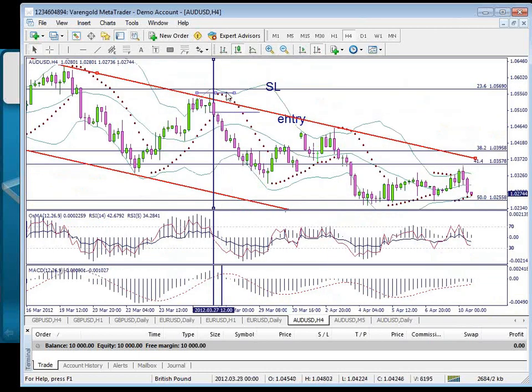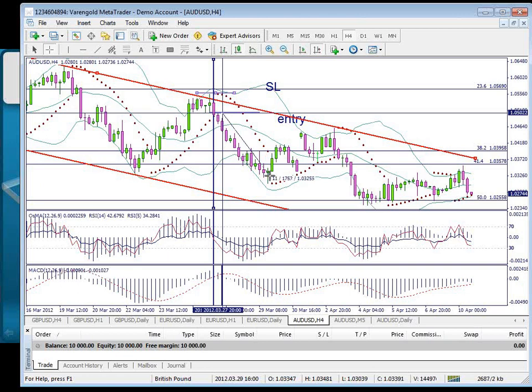So in this case we have about 68 pips for the stop loss, and for the first target we have about 100.